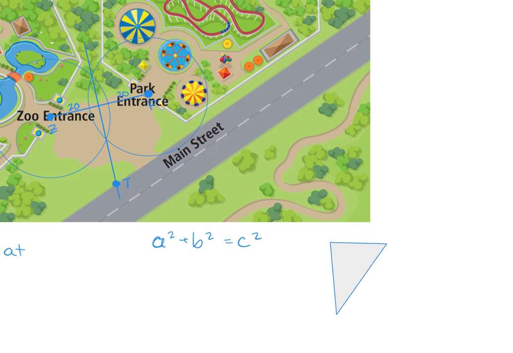Okay, so I've got my triangle here. This is our 20 feet from the midpoint to the park entrance. We know that the cart must be 30 feet from both entrances, so this would be 30 feet. We don't know this missing side. Our hypotenuse side is that 30 feet. And then we'll solve for our missing variable here.